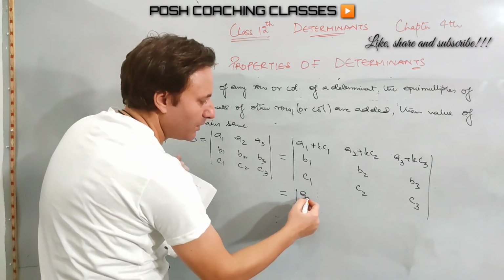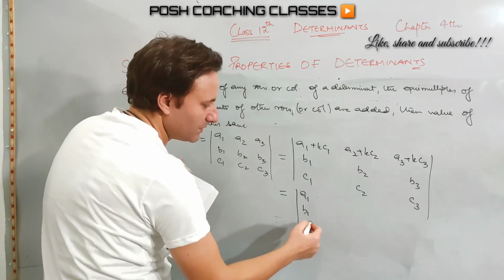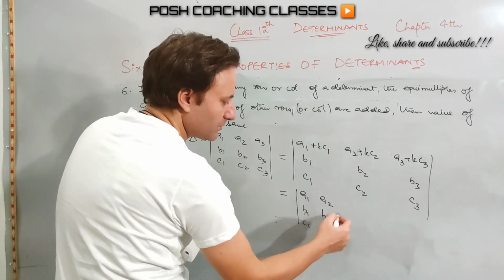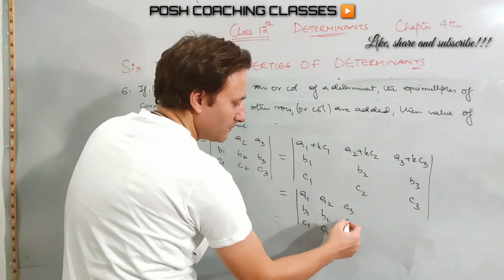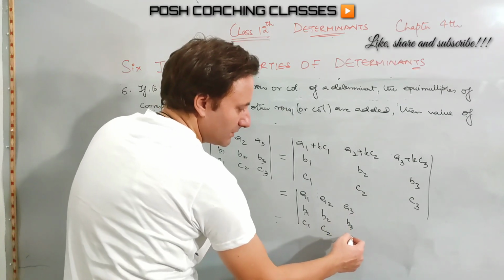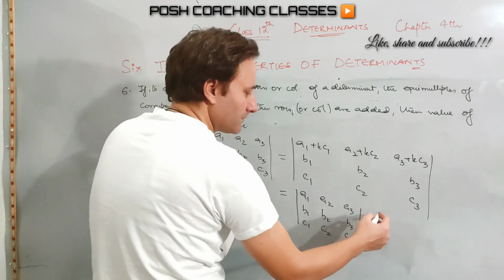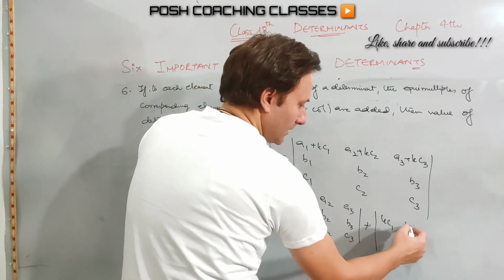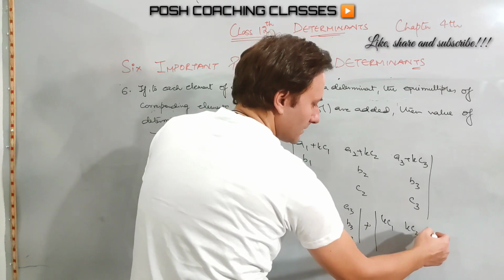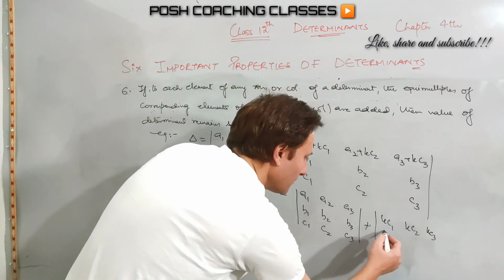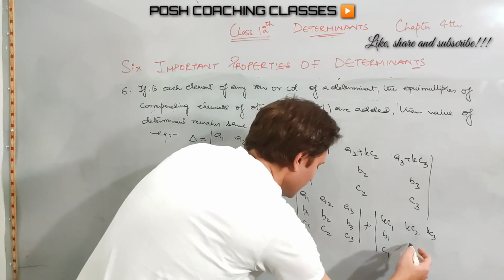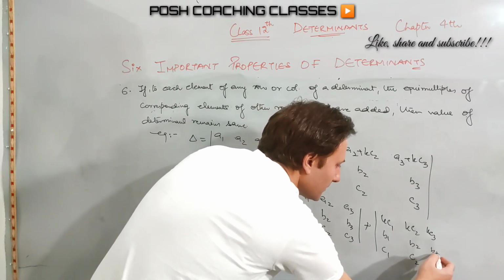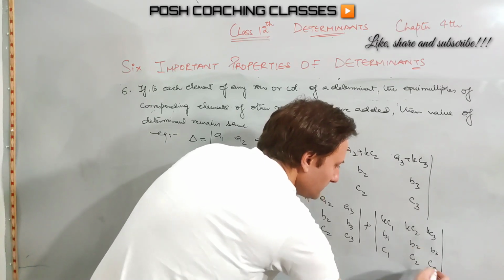So it is a1, b1, c1, then a2, b2, c2, then a3, b3, and c3. Then a positive sign, then I can write k c1, k c2, k c3, then b1, c1, then b2, c2, and then b3, c3.